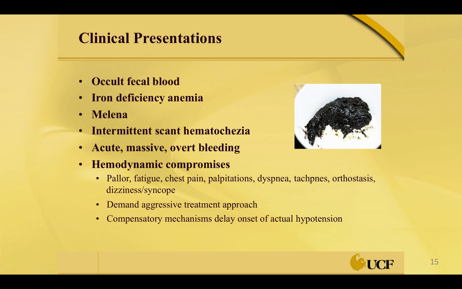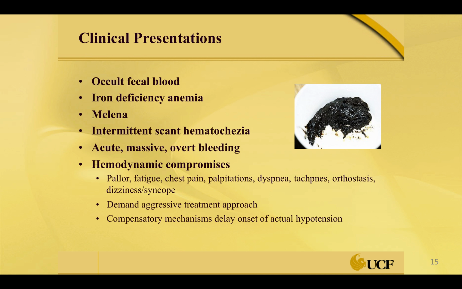Other clinical presentations: occult fecal blood is positive. We see also iron deficiency anemia and melena, intermittent scant hematochezia, acute massive overt bleeding sometimes, and hemodynamic compromise like pallor, fatigue, chest pain, palpitation, dyspnea, tachypnea, orthostasis, dizziness, syncope.